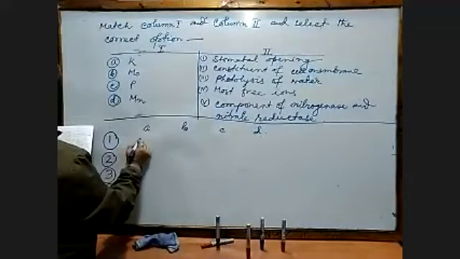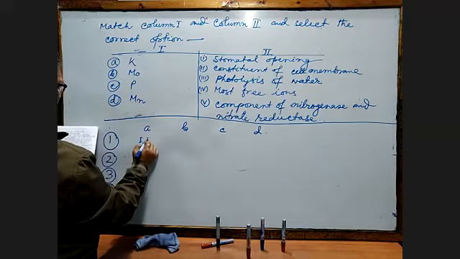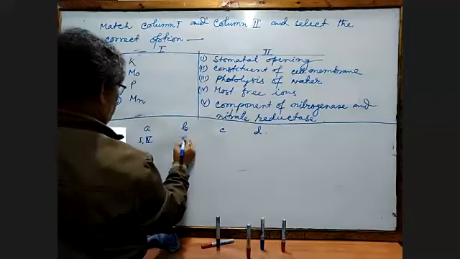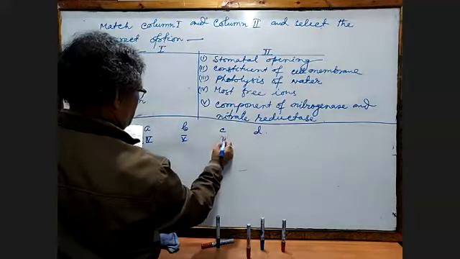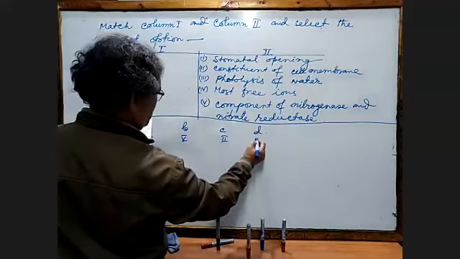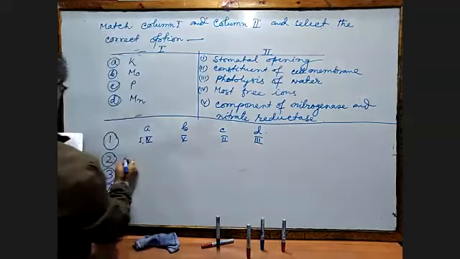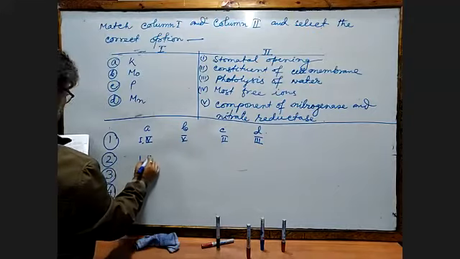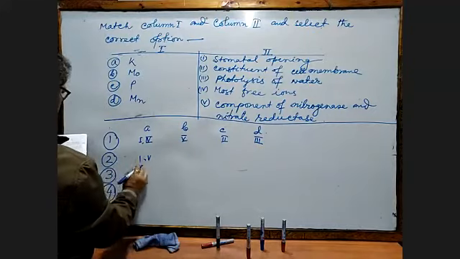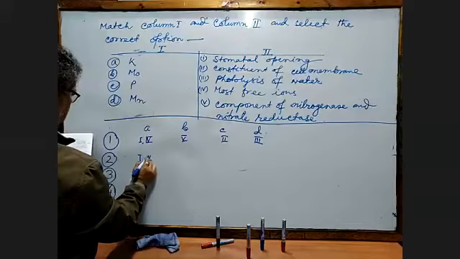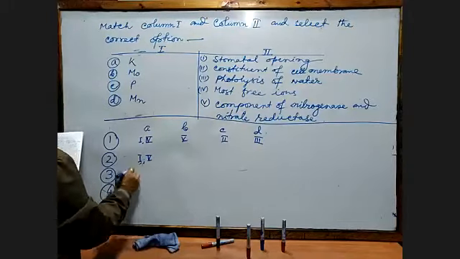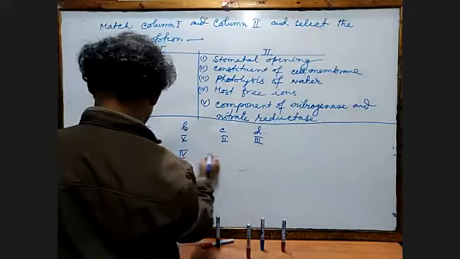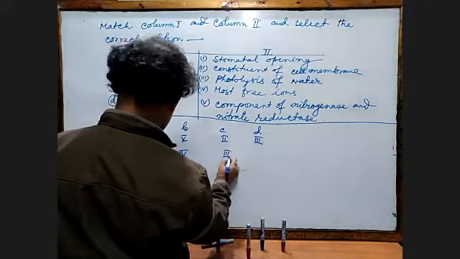Number 1: 1 and 4, 5, 2, 3. In option 2, it is 1, 5, 4, 3.